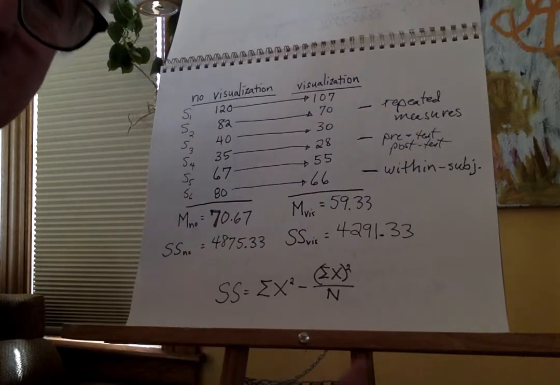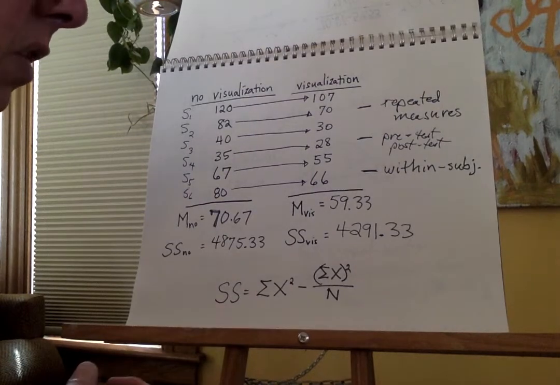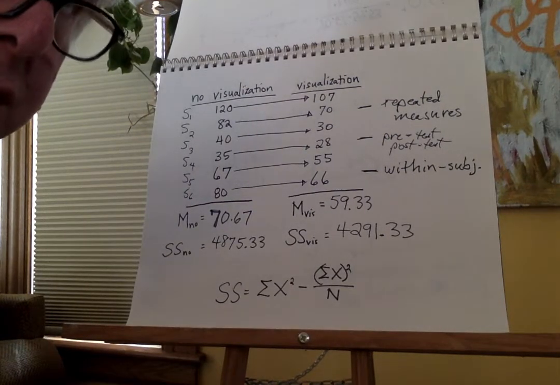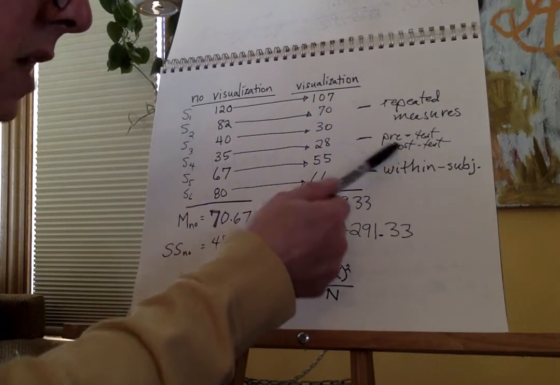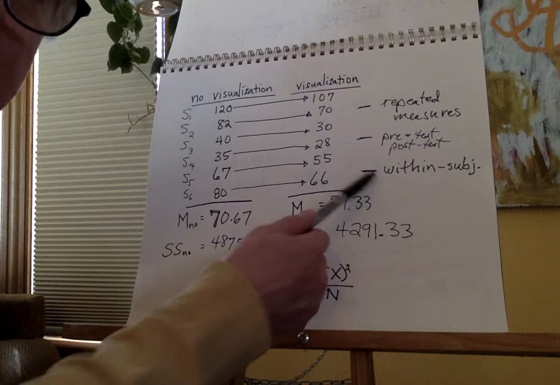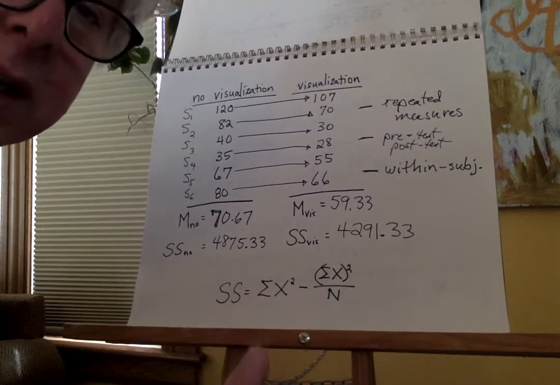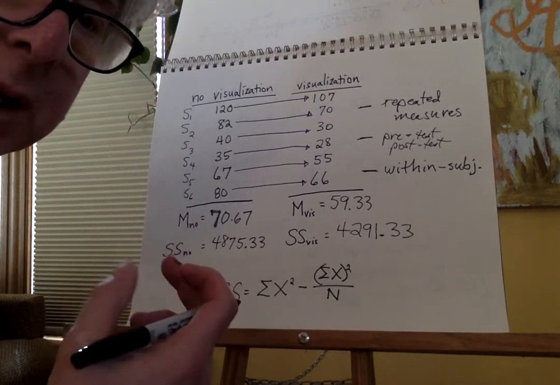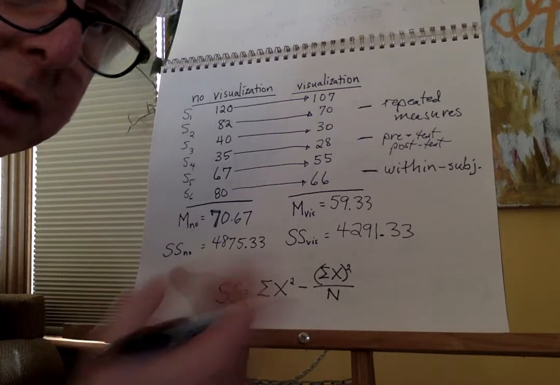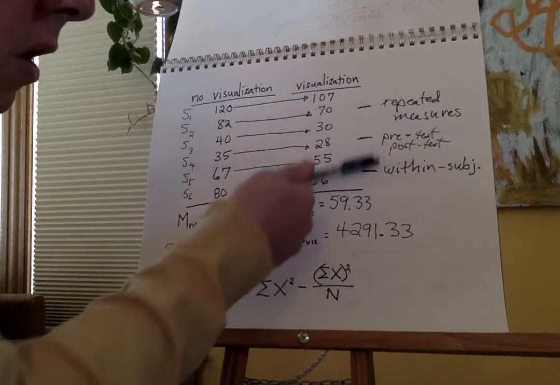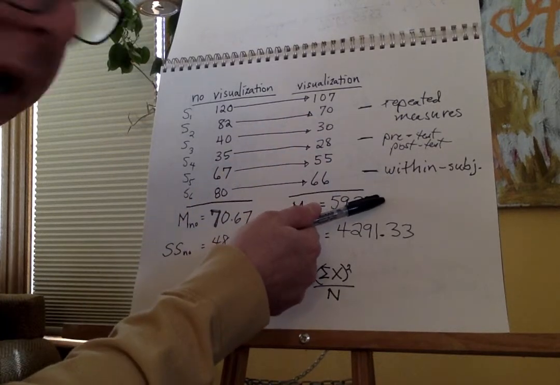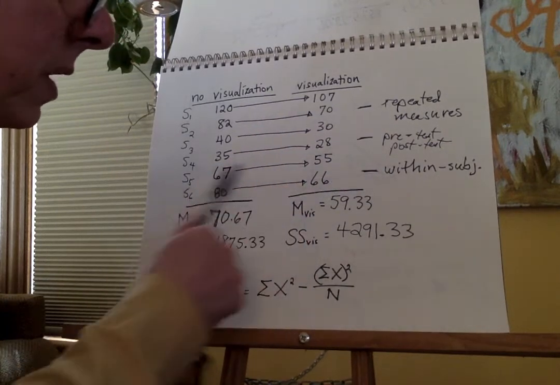That's called between, or it's called independent measures, okay? This is called repeated measures or pre-post test or within subjects design. It depends on what textbook you're reading, what course you're taking, what major you're in. These are all pretty much the same, okay? I prefer this one, within subjects design.